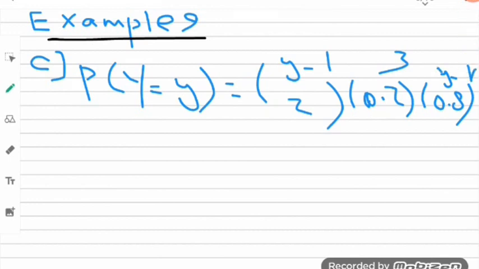So to find the probability that y equal 12 here, we'll just substitute in this formula.